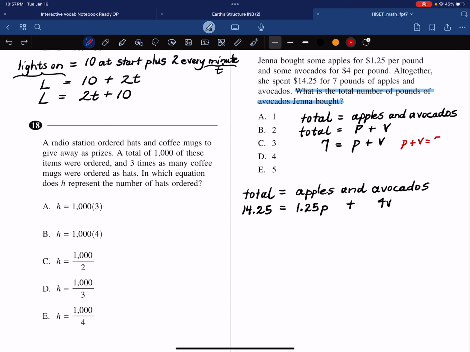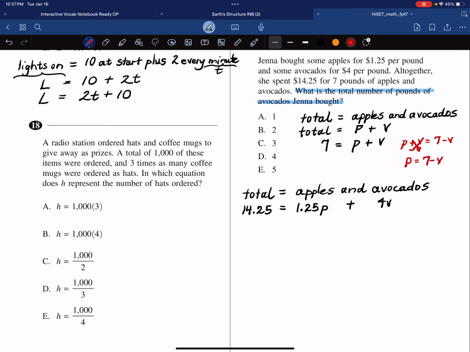We're good here. Because remember, I want to solve for V at the end. So this time I'm going to solve for the apples. I'm going to subtract the V off both sides and cancel. So P is 7 minus V. Same concept, I solved for the wrong letter.